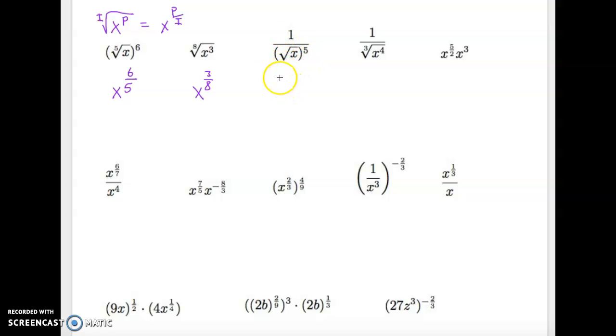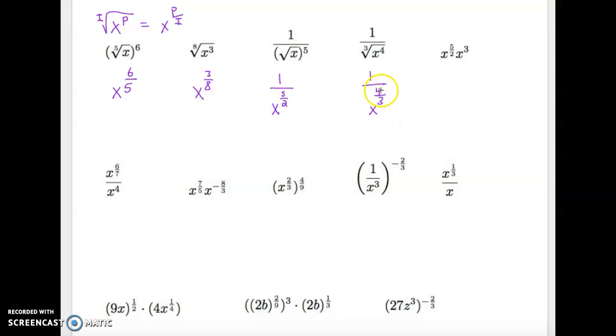We have 1 over, there's no index there, it's a square root, so it would be 1 over x to the 5/2. Or 1 over x to the 4/3.